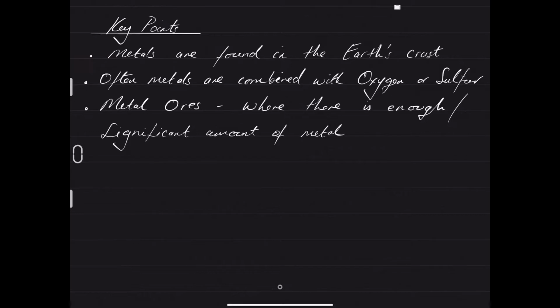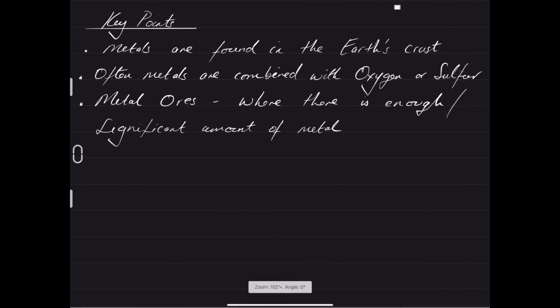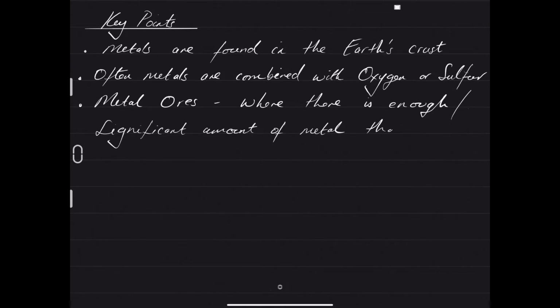And where there is a significant amount of the metal that makes it worth extracting, and this worth is economic worth, the rock in which the metal is found is classified as a metal ore.